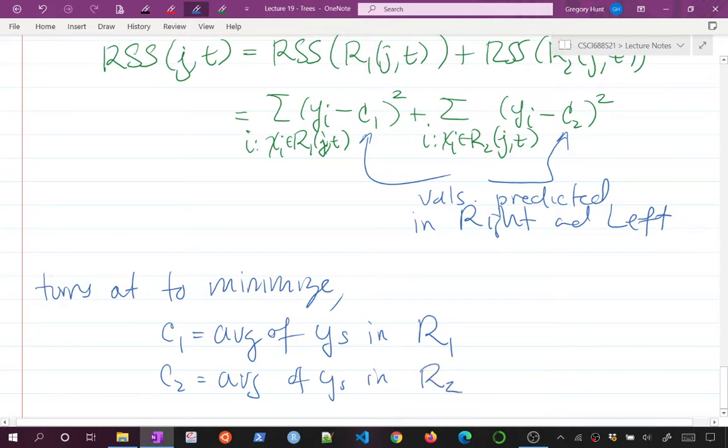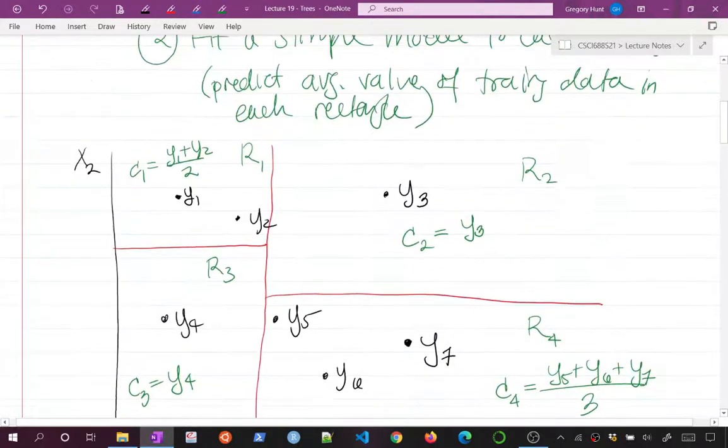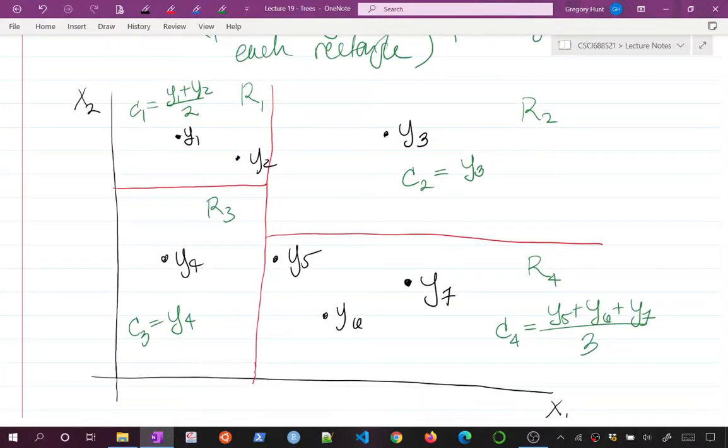So when we initially described the model, going back way up to our beginning, we had just said we're going to split the space into these rectangles and fit some simple model. Or even more concretely, we're going to predict some constant value in each of the rectangles. Now, I claimed that what we're actually going to do at the end of the day is predict the average value of the y's. But why predict the average value of the y's?